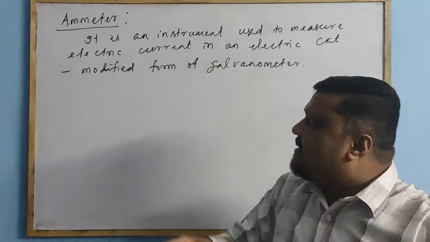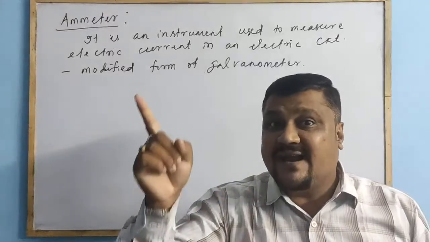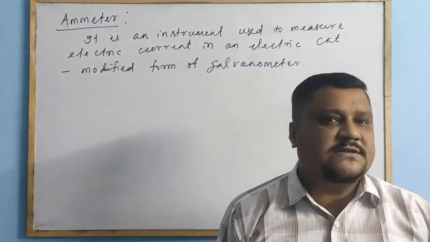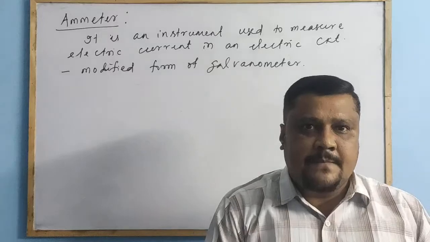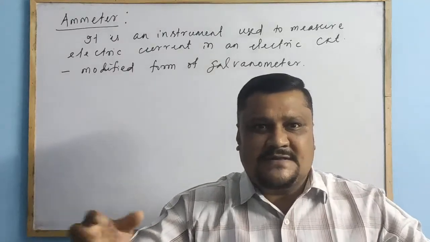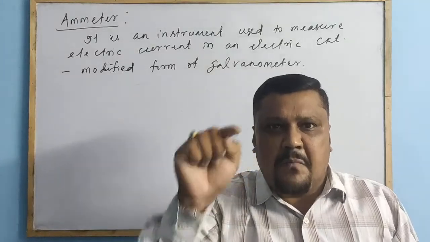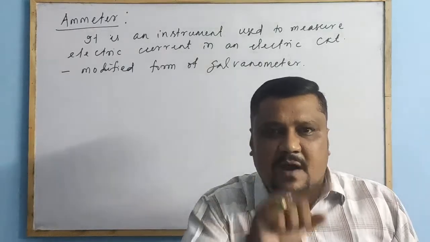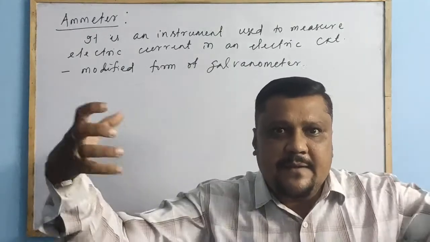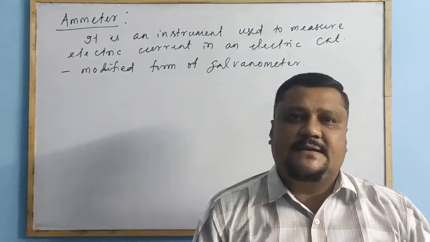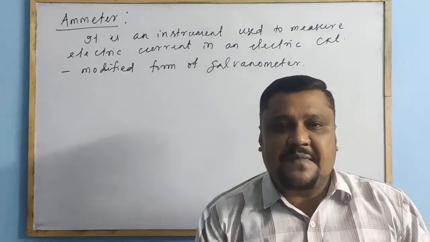a galvanometer cannot be used directly in the electric circuit because, number one, a galvanometer consists of a number of turns in the form of a coil in between the two cylindrical pole pieces, isn't it?